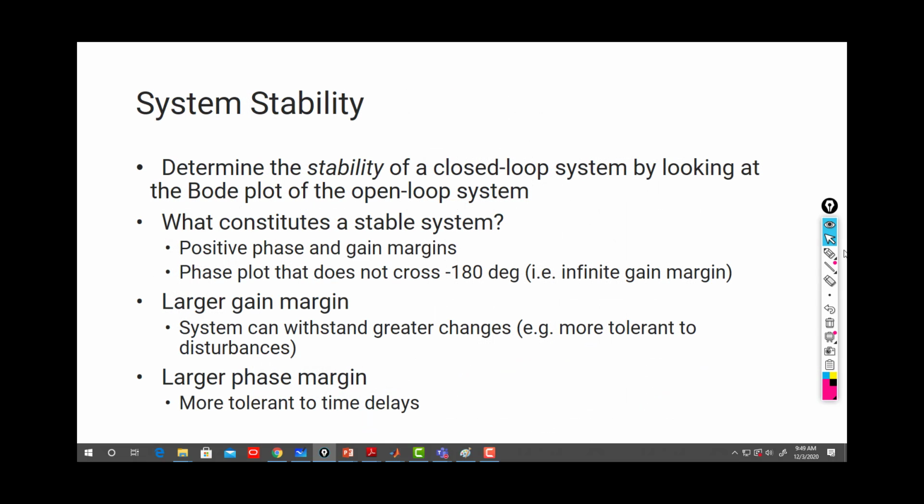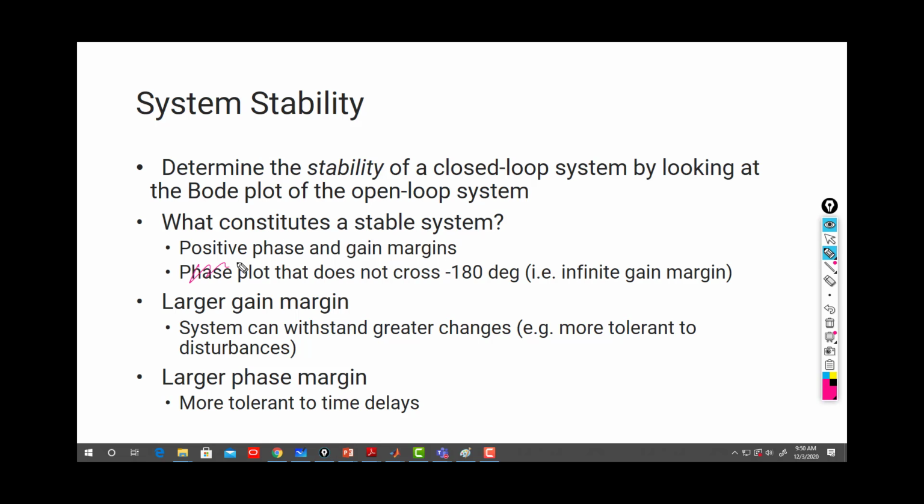System stability. How do we determine the stability of a closed loop system? Actually, by using the Bode plot, we can determine the stability of a unity feedback closed loop system by looking at the Bode plot of the open loop system. Later we will see it, but here, what constitutes a stable system?